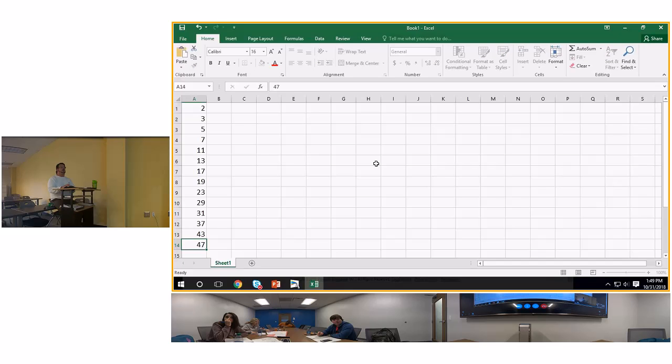41, 43, 47 and 51. Okay, we'll do 15 numbers. There you go. I want you to do everything. Mean, median, mode, range, mid-range, variance, standard deviation. Draw the curve.